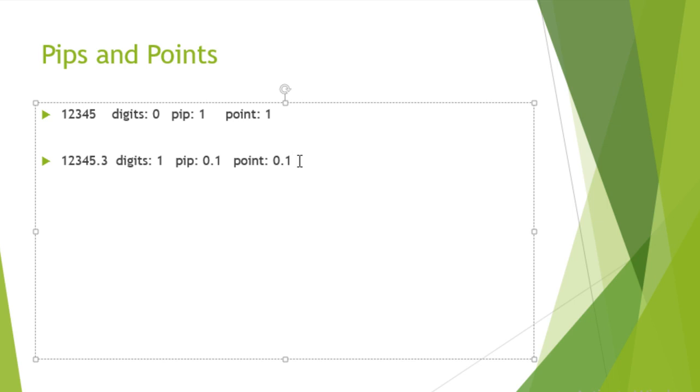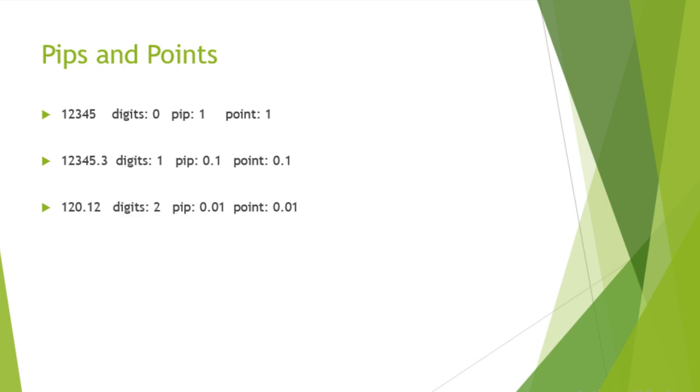So when you have only 1 digit after the point, this means that the pip and the point are equal, all right. The next case is when you have 2 digits after the point, so 120.12, meaning as well that the pip equals the point.